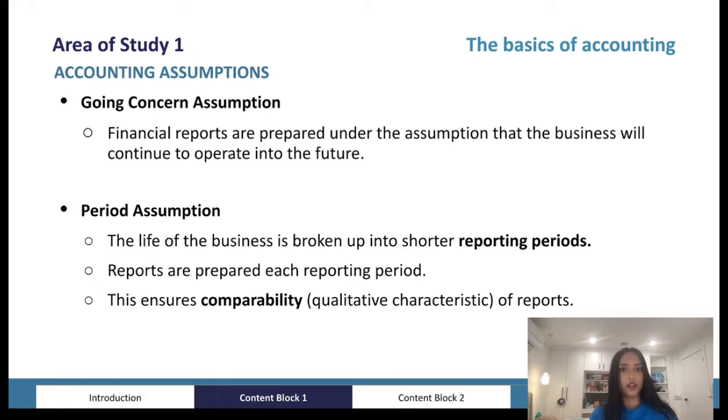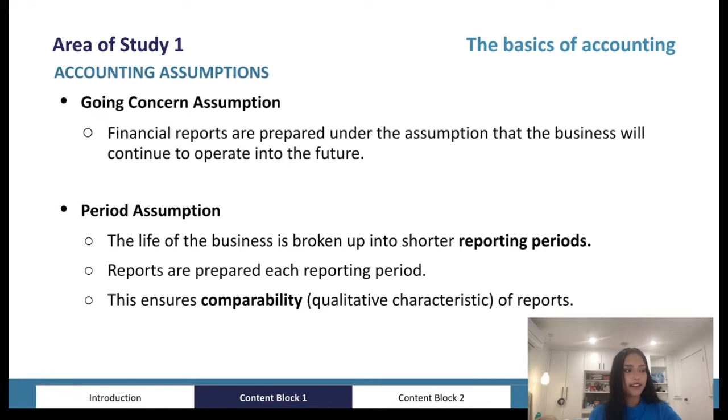You as the business owner aren't going to know about that problem until the end of the year when that report is given to you, which is why a lot of businesses prefer to prepare reports in shorter reporting periods.